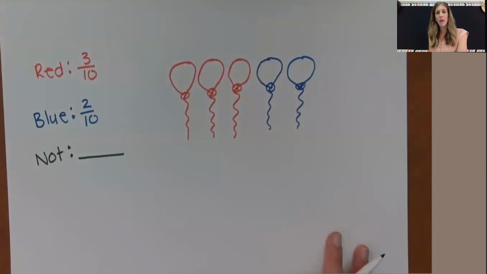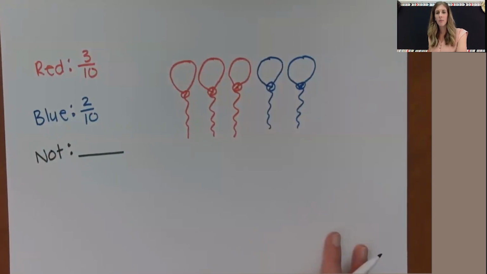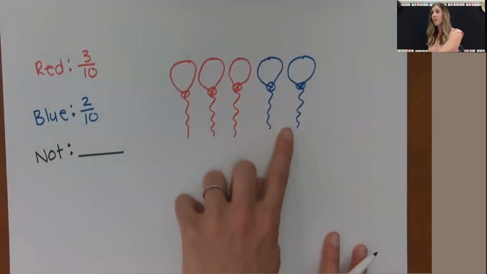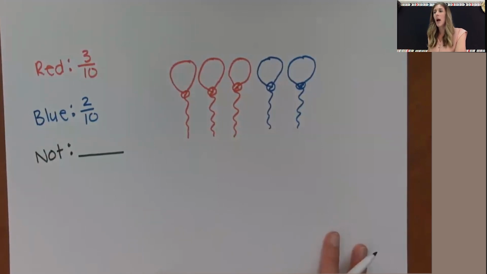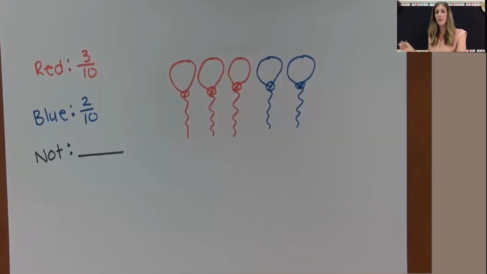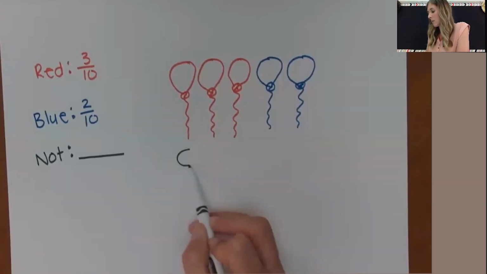How many balloons have we drawn so far? Correct, 5 balloons. So how many more balloons should we draw to make a total of 10 balloons? Yeah, 5 more balloons would make a total of 10 balloons.